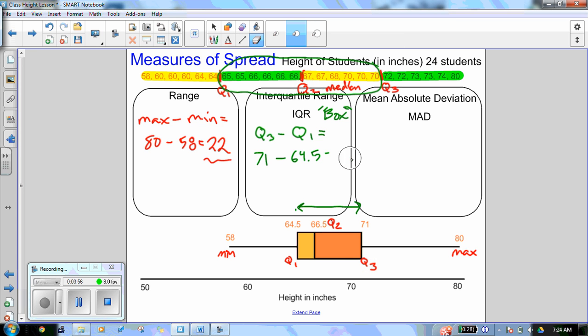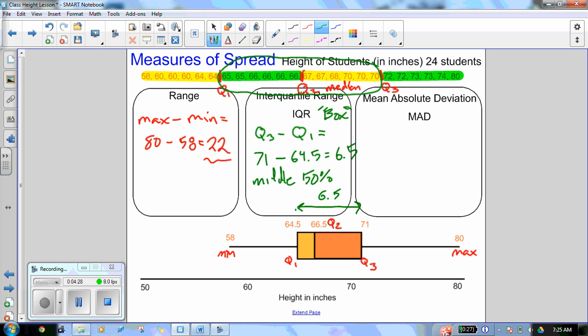This pen's getting a little away from me here. Let's try this again. 6.5. Okay. So that means the range or the spread of that middle 50% is 6.5 from there to there. So I'm going to put another keyword here, middle 50. Again, trying to tag with certain text and contextual meaning here.